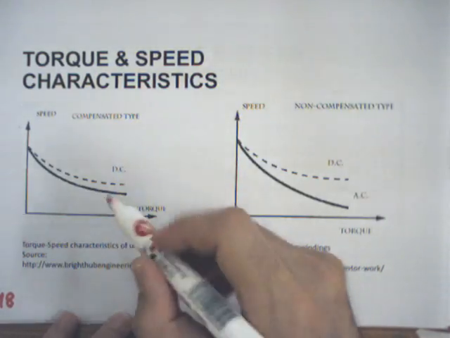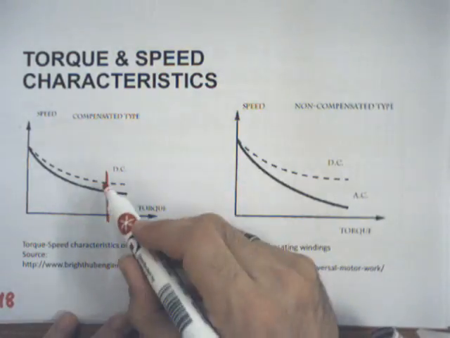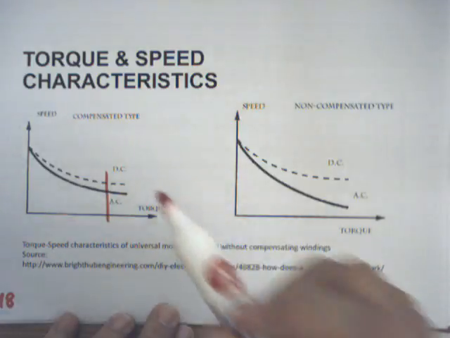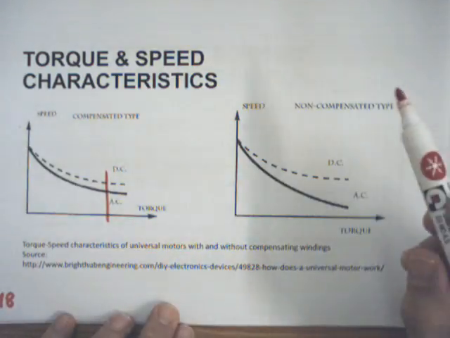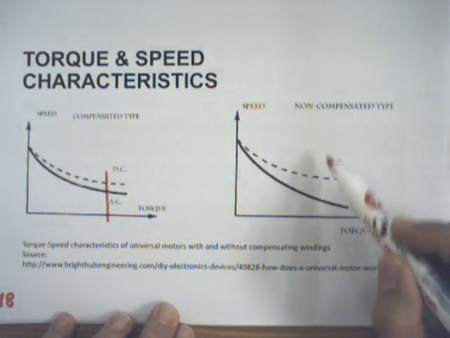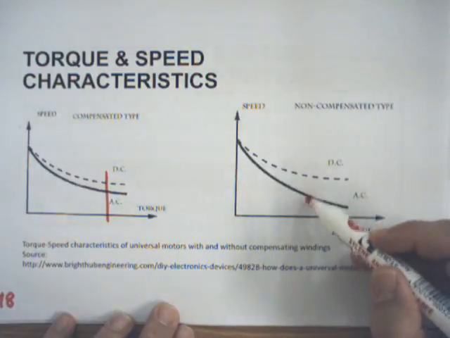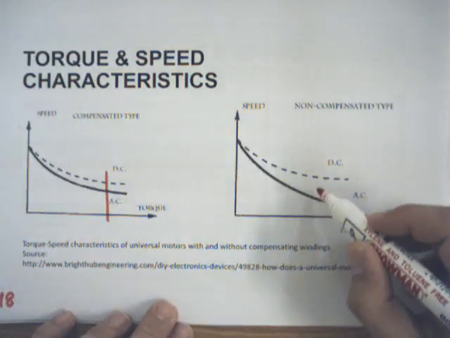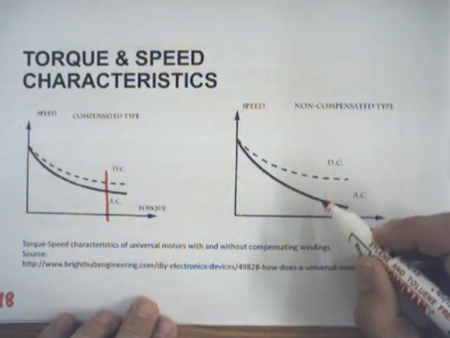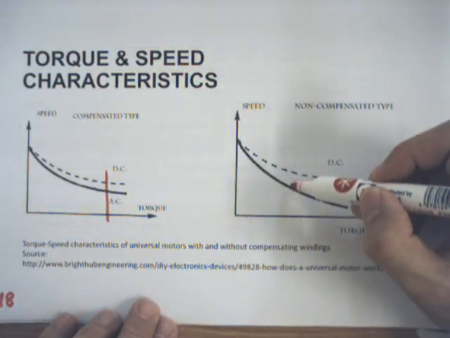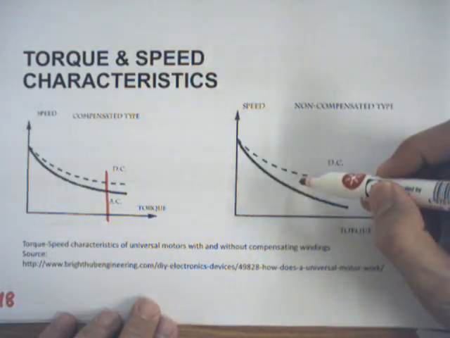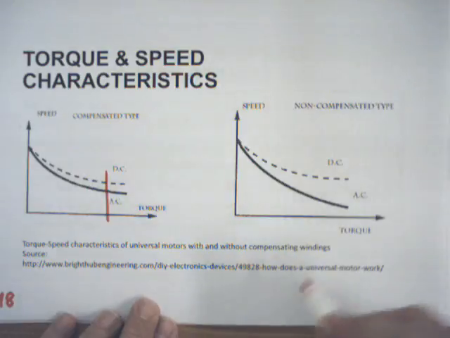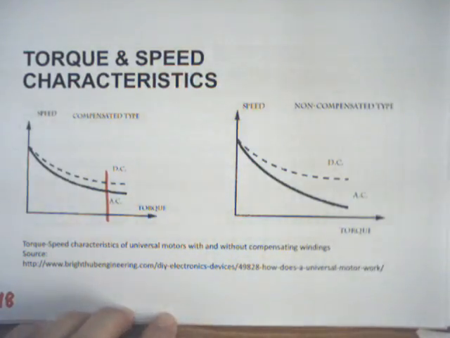So for the same torque, the speed is slightly lower than the DC counterpart in compensated type, and in non-compensated this gap is even larger. So in AC, pulsating effects and reactance, power loss, etc. will slightly degrade the torque speed characteristics, and this is given in one of the internet links.